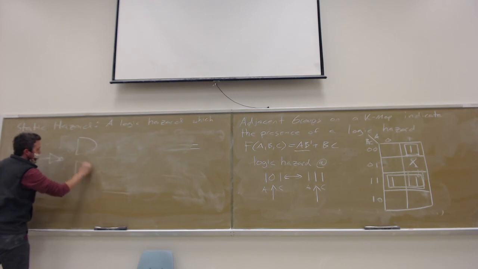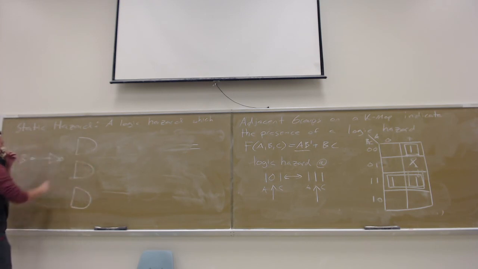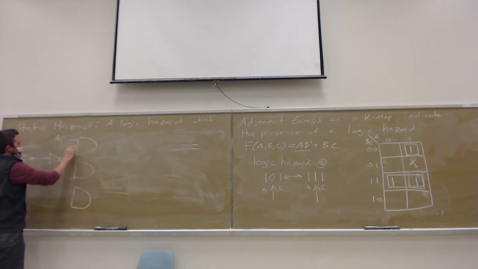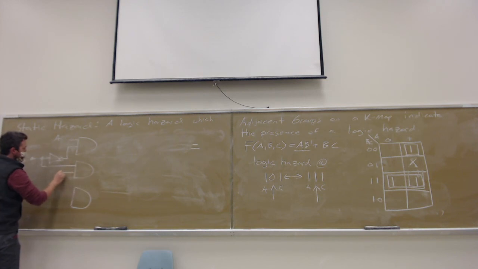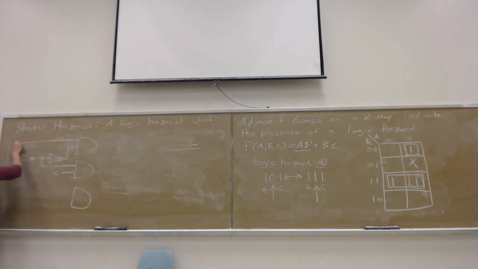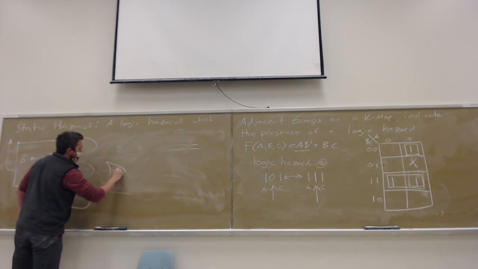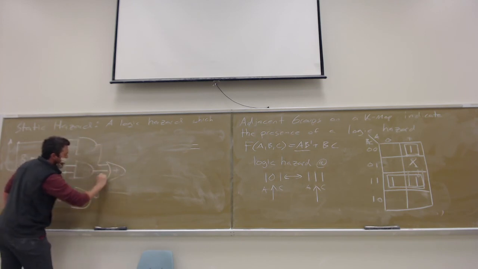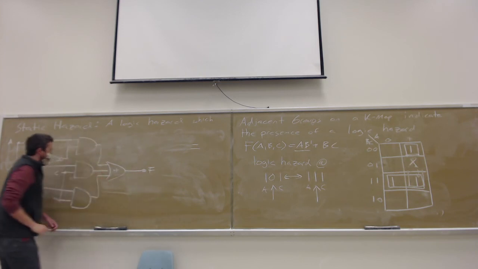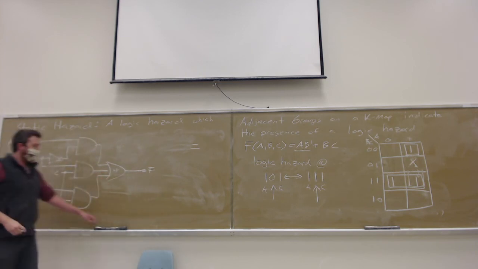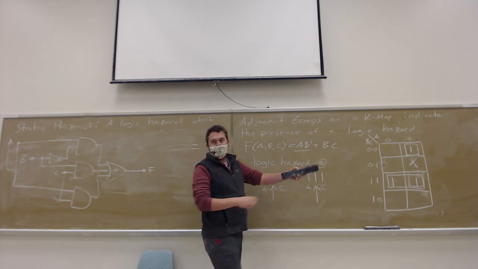So we had A and B prime, B and C, and then we added an AND gate for A and C, right? Okay, let's go fast. Can I erase this?